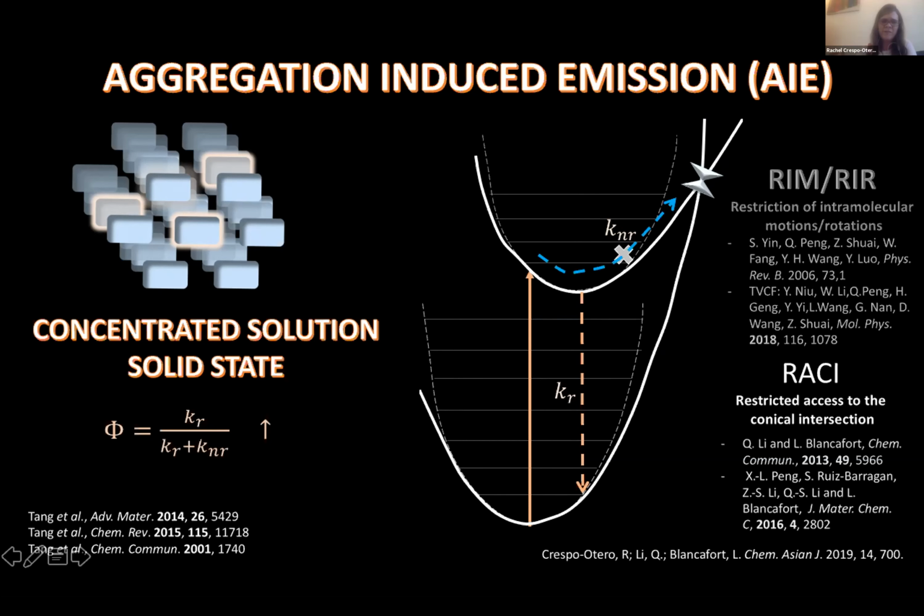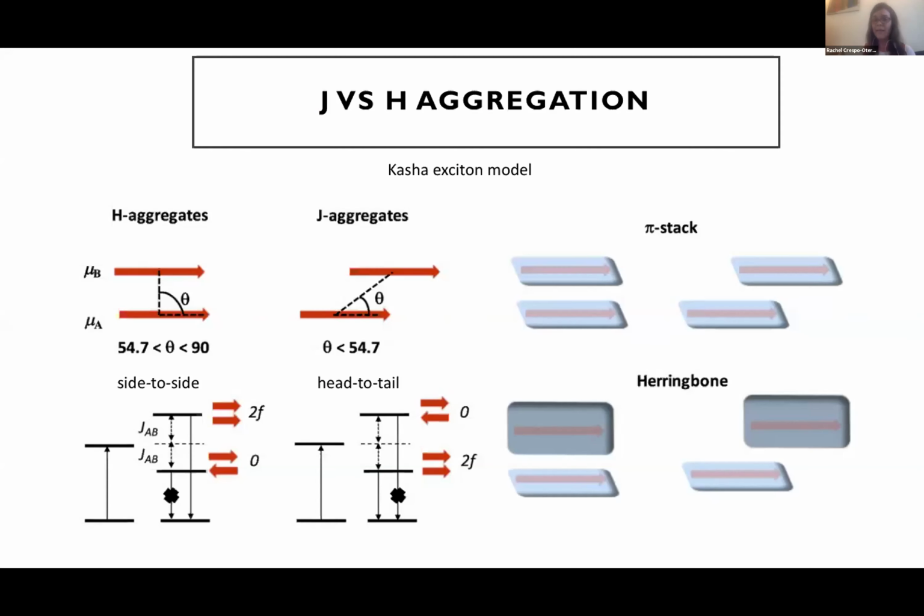So for most of the systems, it's not enough to increase the radiative decay if you are not able to decrease non-radiative decay. I'm going to show you a few cases, and you can see the role of radiative versus non-radiative decays for some typical aggregation induced emission systems.